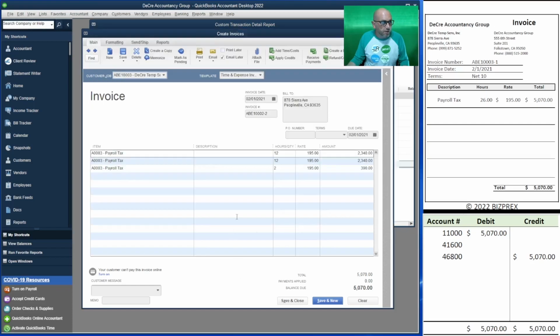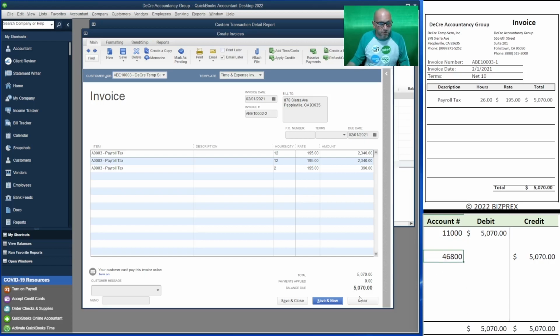So right here, once we click save and new, we will have essentially the bill created, the invoice created, that will debit our accounts receivable 11,000 by 5,070 and credit 46,800.